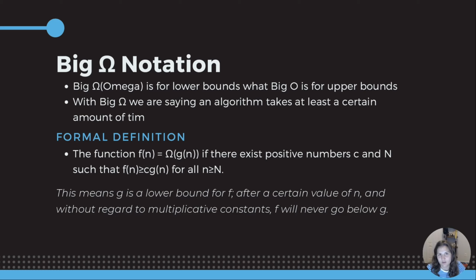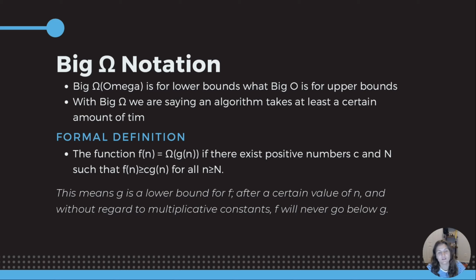The formal definition of big omega is the function f of n is equal to omega of g of n if there exist positive numbers c and n such that f of n is greater than or equal to c times g of n for all of our n's.